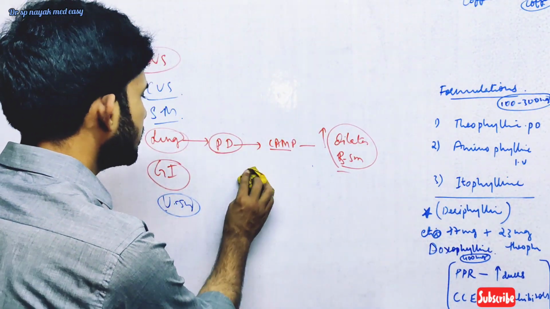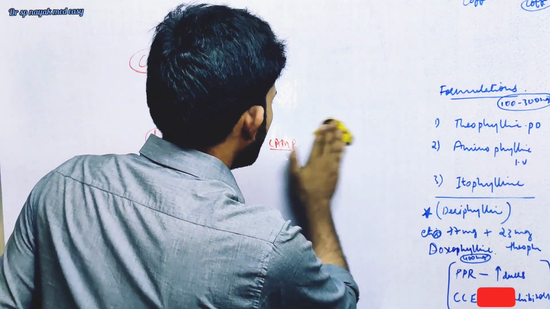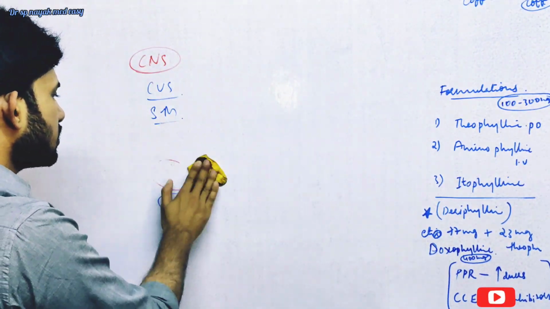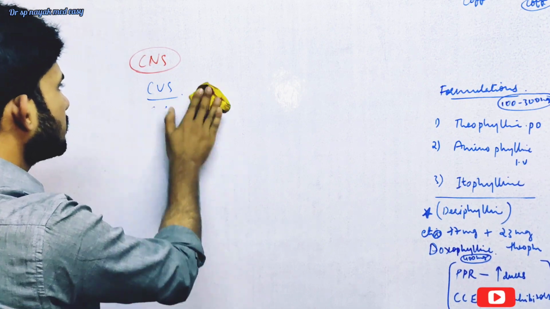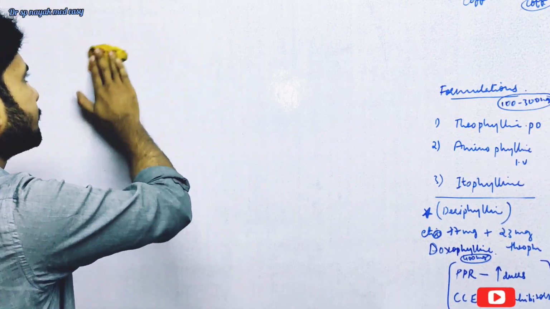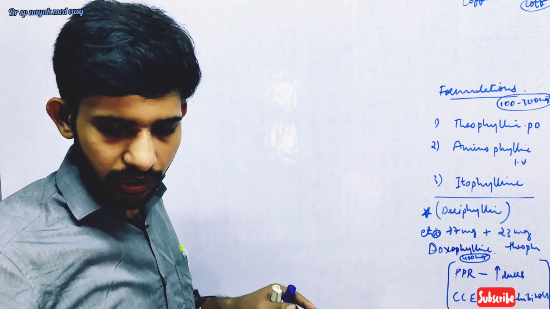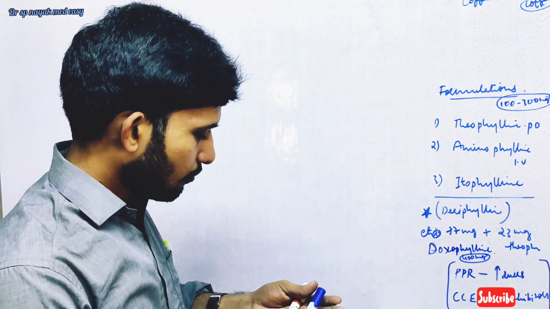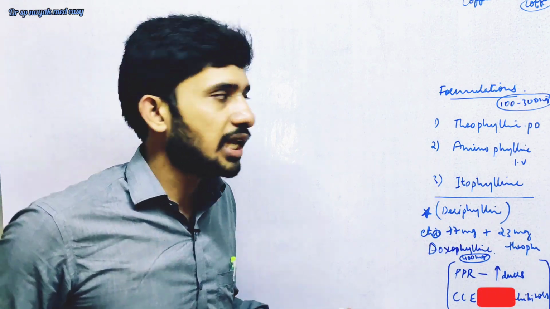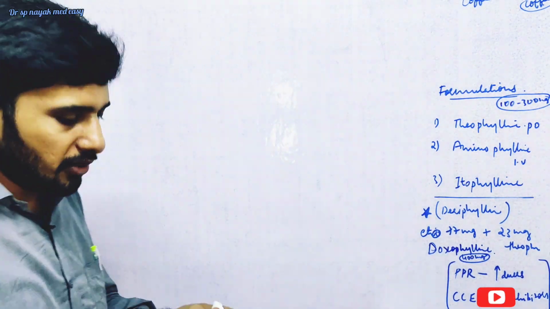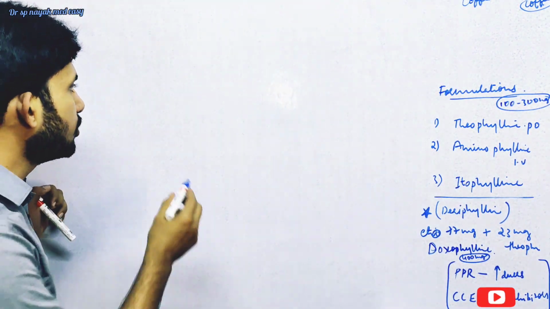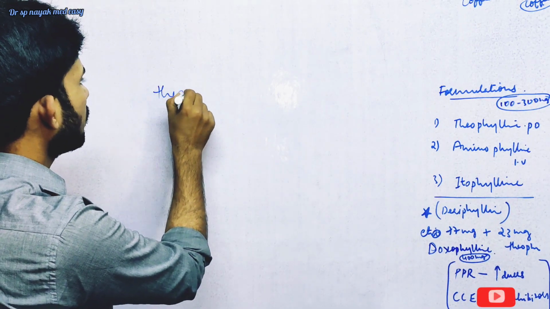And now let us discuss the clinical uses and clinical points about methylxanthines. We'll see some interactions actually. First we'll discuss different formulations of methylxanthines. You listen guys, among methylxanthines we have theophylline.